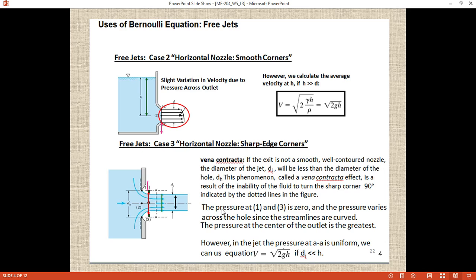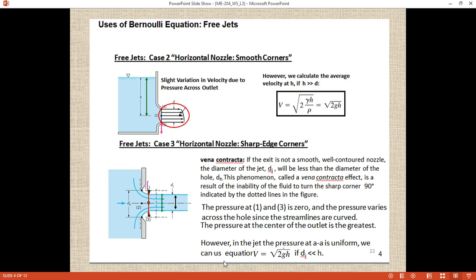In that case, the pressure at point 1 and the pressure at point 3 are 0, because these two points are open to atmosphere. That's why the gauge pressure is 0, and the pressure varies, with the highest at the center point. However, the height of the fluid is very high compared to the diameter of the jet.